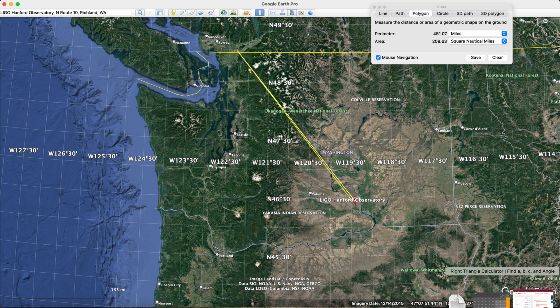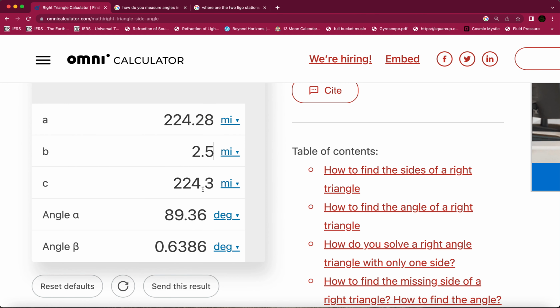But it just showed and proved that it's exactly what it should be using trigonometry, using the right angle triangle, solving for it.